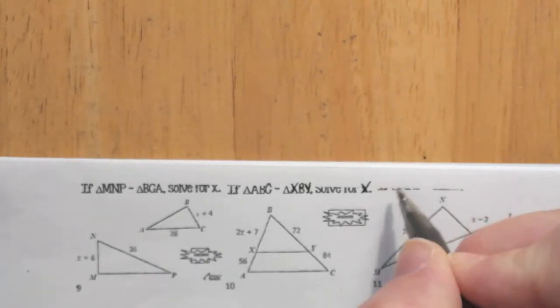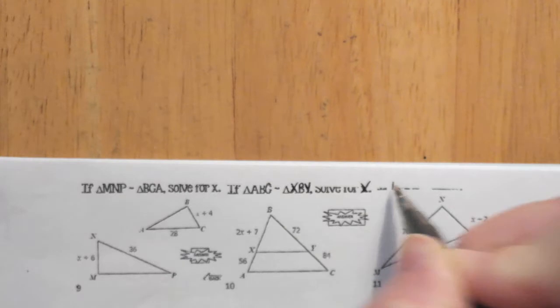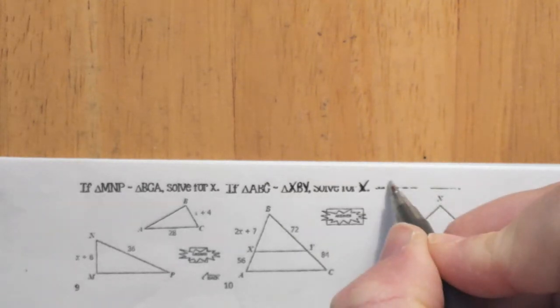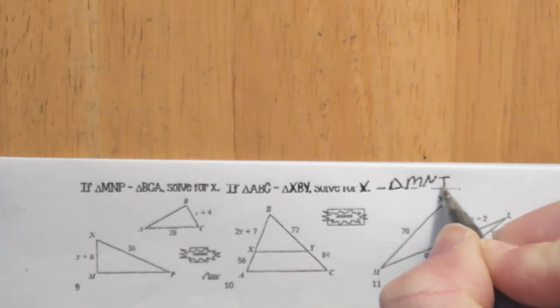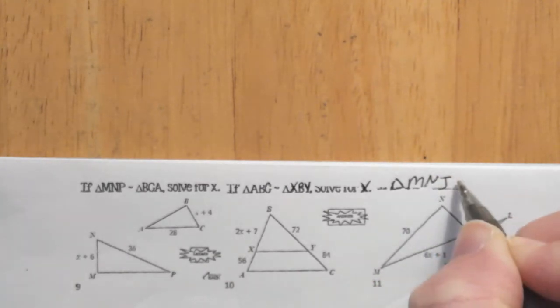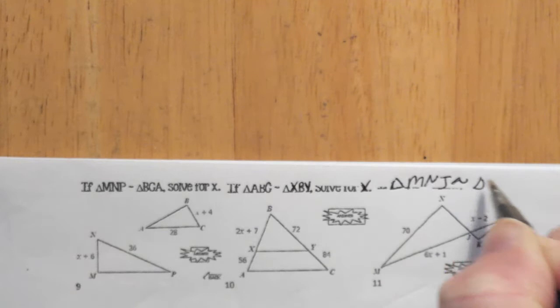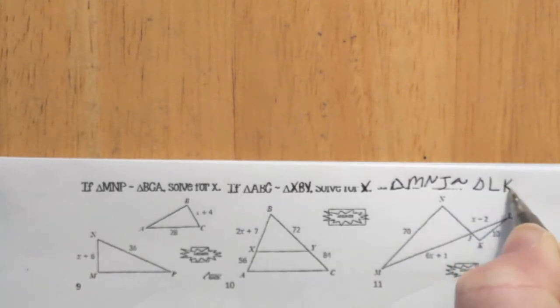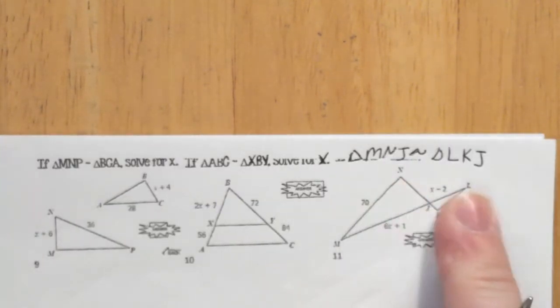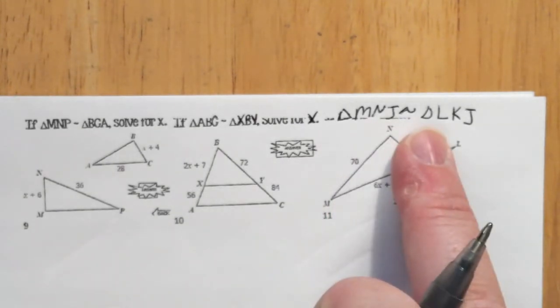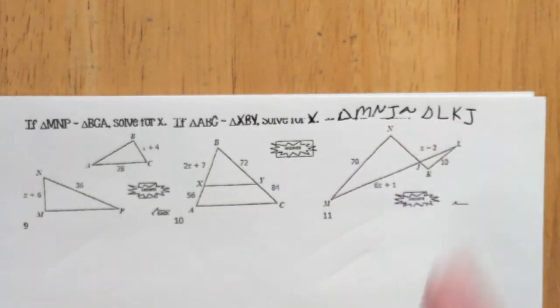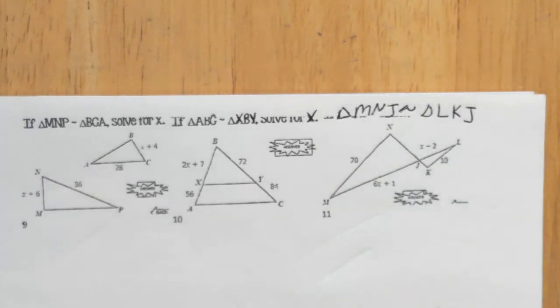So this is supposed to be triangle M, N, J is similar to triangle L, K, J. So make sure you have that on number 11. M, N, J is similar to triangle L, K, J. And just follow the patterns that we just did a second ago.